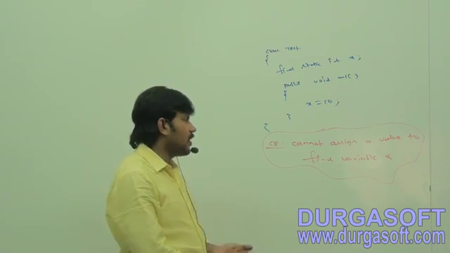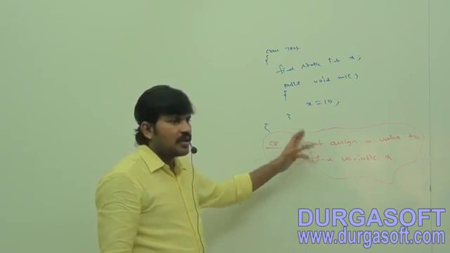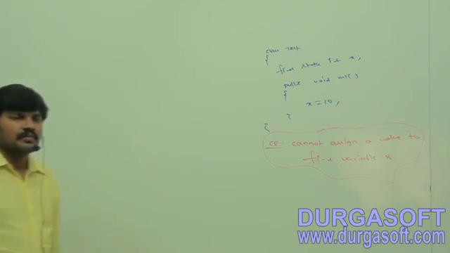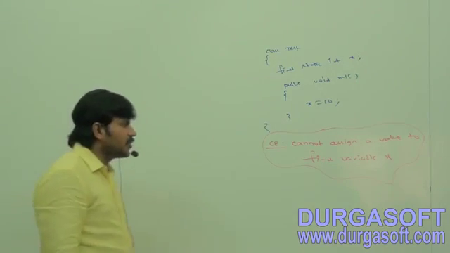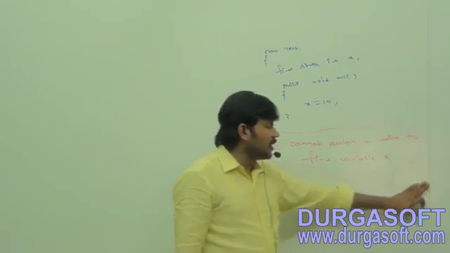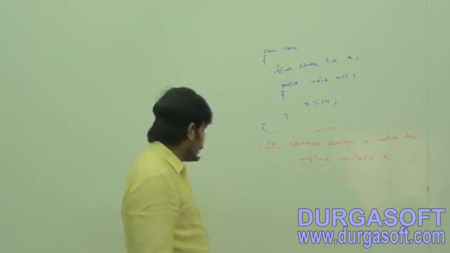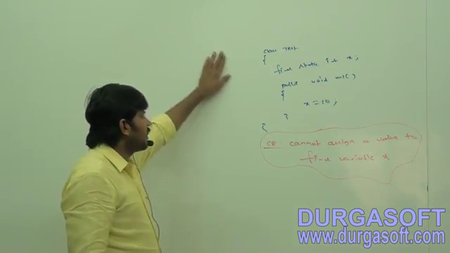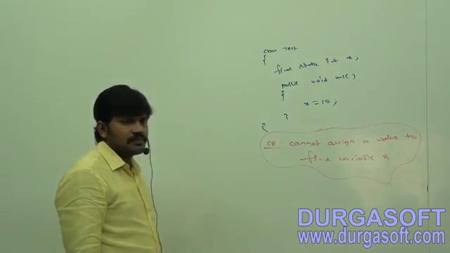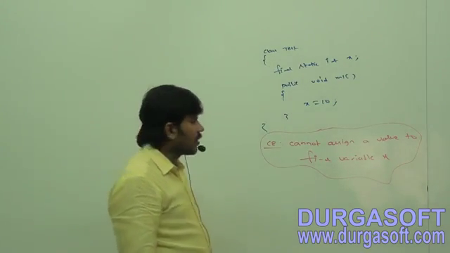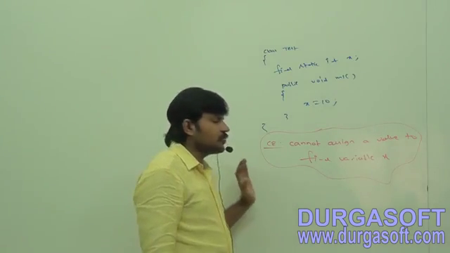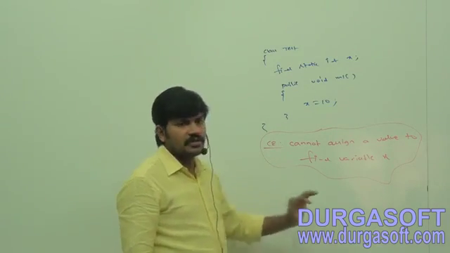So we are going to get a compile time error saying cannot assign a value to final variable x. Like this we are getting a compile time error, right? Are you getting it? Up to this, whatever we covered, let me execute.